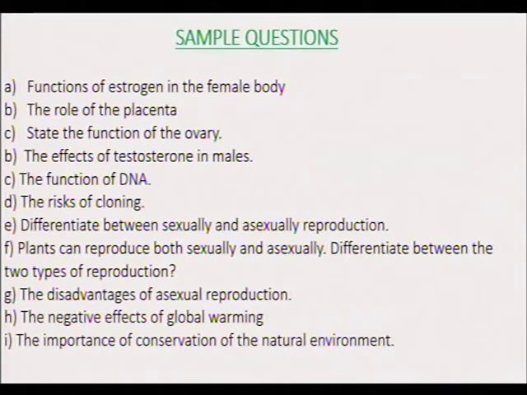The question can also be in the form of a statement. For example, plants can reproduce both sexually and asexually. Now, differentiate between the two types of reproduction. Looking at the disadvantages of asexual reproduction, the negative effects of global warming, and the importance of conservation of the natural environment.